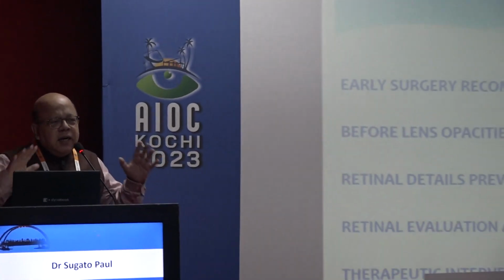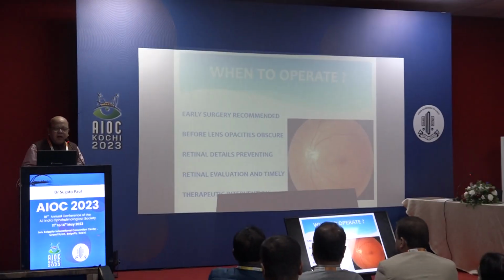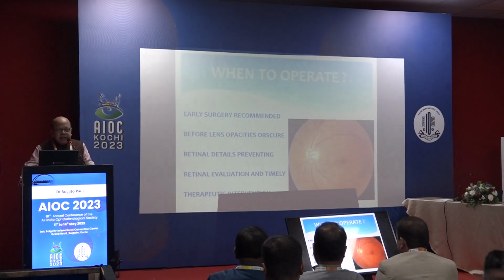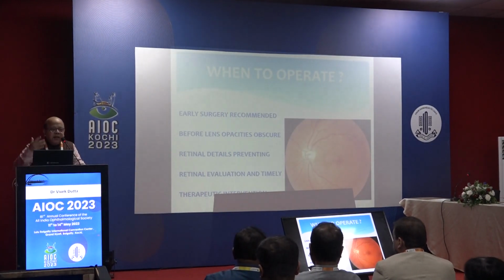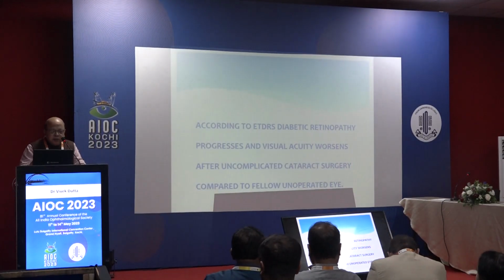So as we all know, diabetics are 2 to 5 times more likely to develop cataract, and they form early, and they can be different morphological types. But now the consensus, according to the studies, is that early surgery is recommended, before the lens opacities obscure the retinal details, and to allow retinal evaluation and timely treatment.